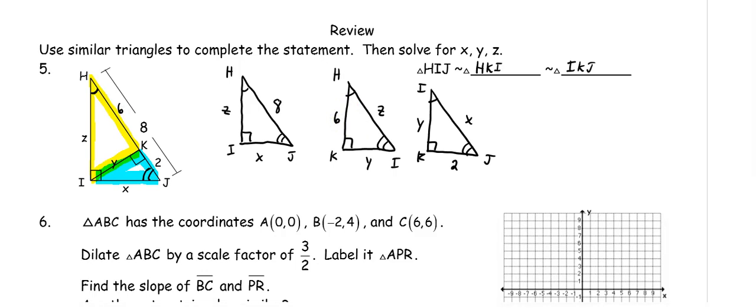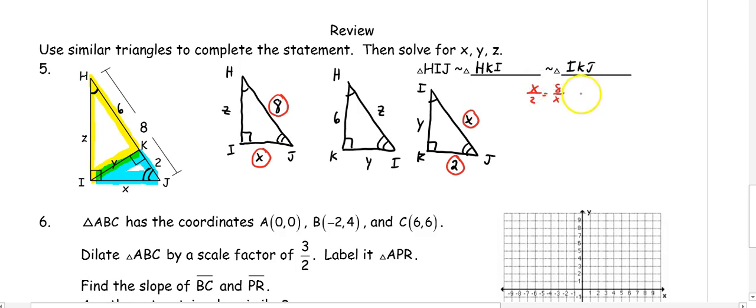So when I'm solving for each variable, I want to find which 2 triangles have the letter. So to solve for x, the first triangle and the last triangle have x. So we have x over 2 equals 8 over x. Cross multiply, x squared equals 16. So x is 4.